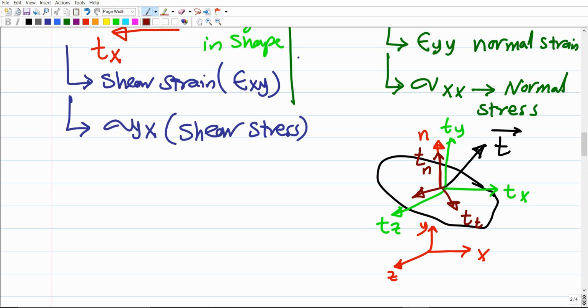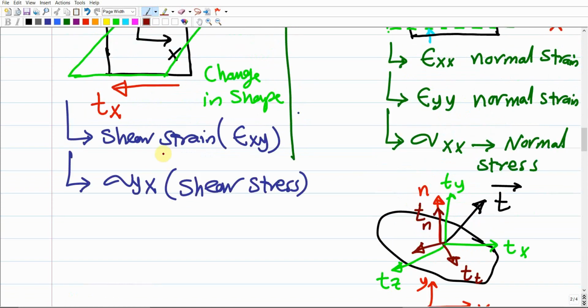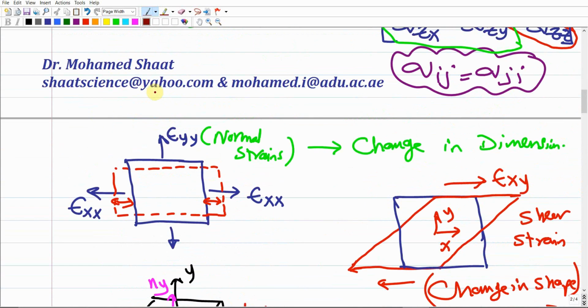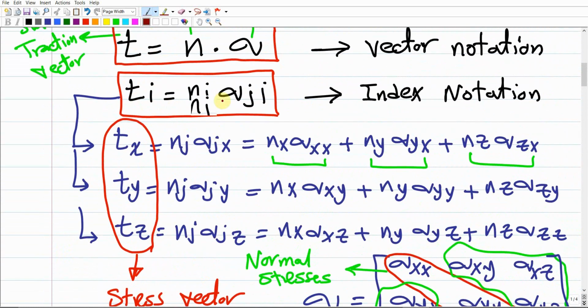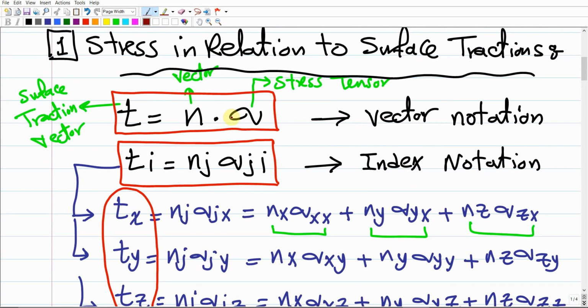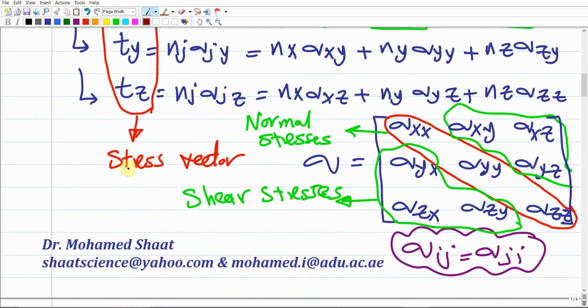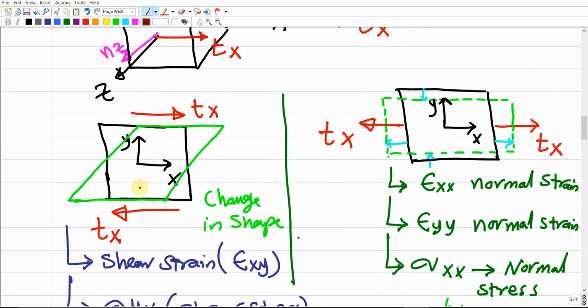So generally this T, which has been defined in the vector notation in terms of the stress, this vector can be decomposed into two components, one normal and one tangential.